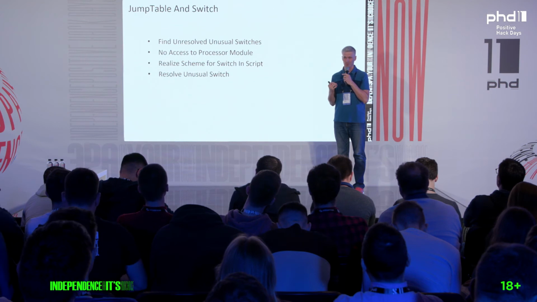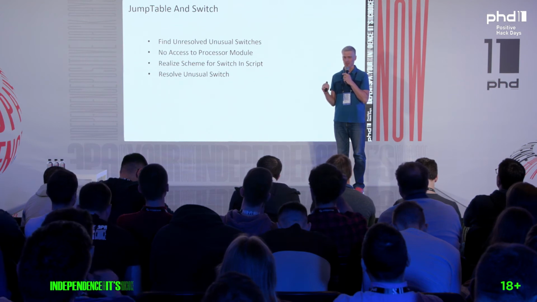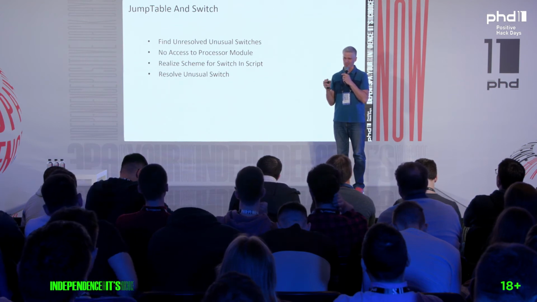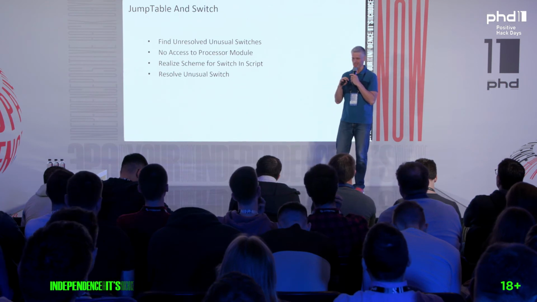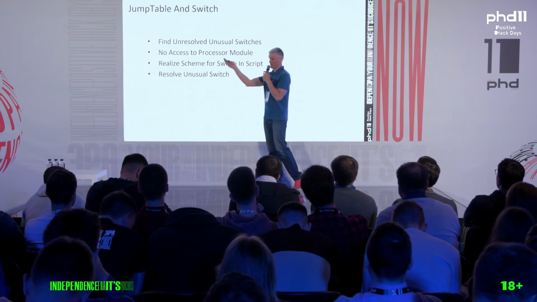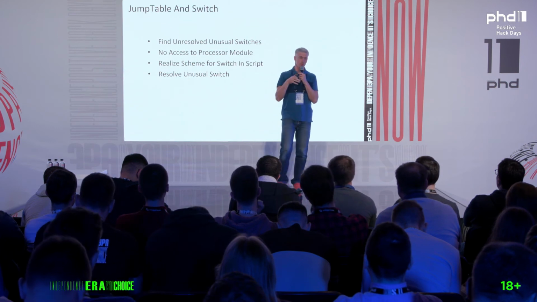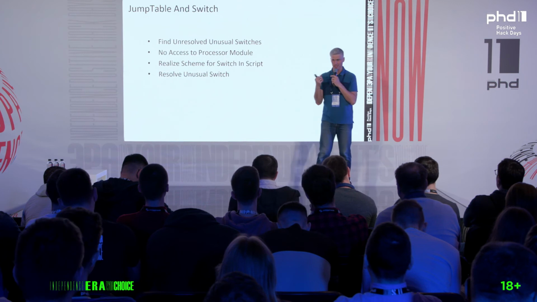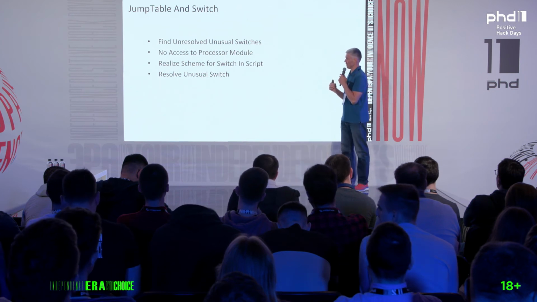Now, as regards jump table switches, you will often see this situation where an existing processor module will not be able to recognize a switch, because the switch was designed in a manner different from that of the processor module. We cannot get access to the processor module, we cannot change it.